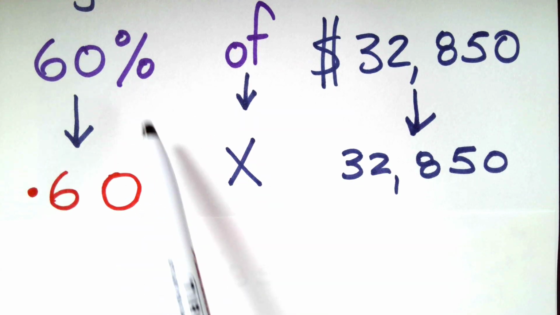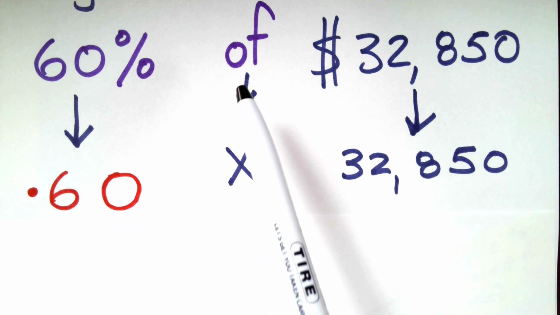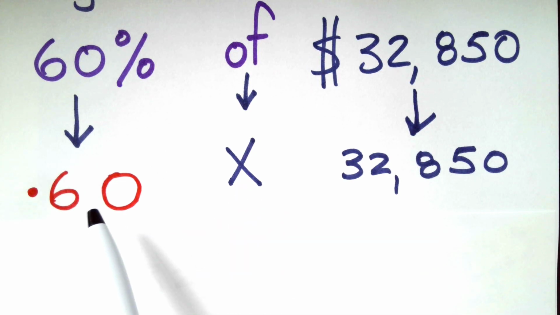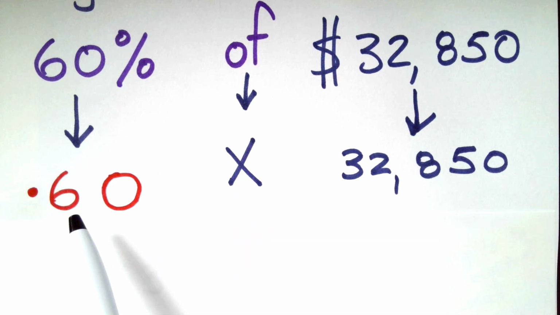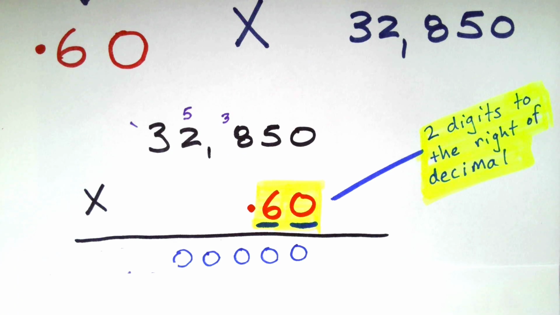You can cross off the percentage symbol because now it's a decimal. Of in mathematics typically means to multiply. So I'm going to take 60% as a decimal, 0.60, and multiply times the original cost, $32,850, of that vehicle.